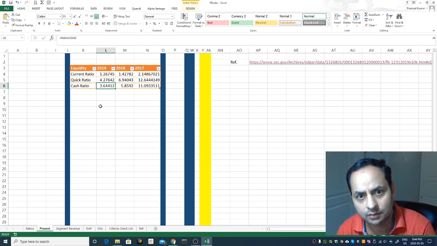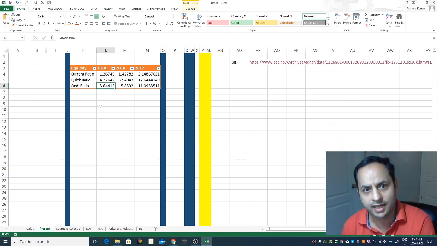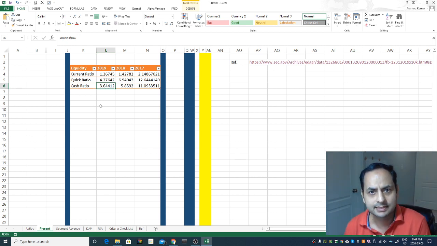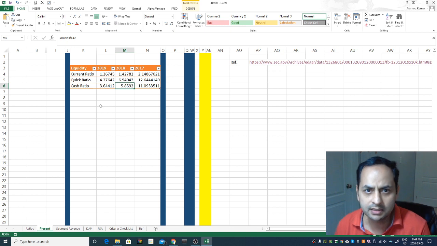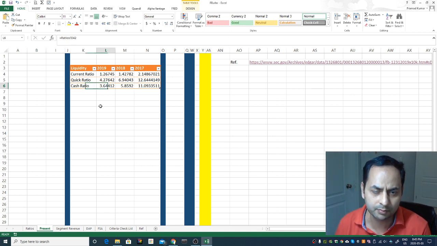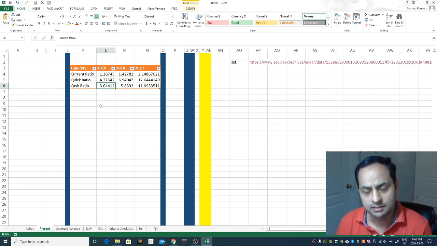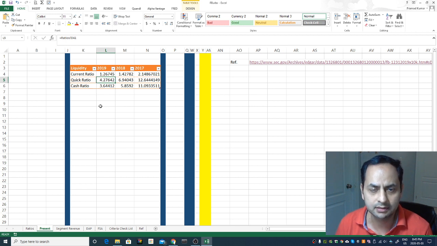This means almost 4 times, 3.6 times in 2019. But if you see from 2017, it's consistently dropping. The cash is dropping, but it's still very good, 3 times, almost 4 times higher than their liabilities.